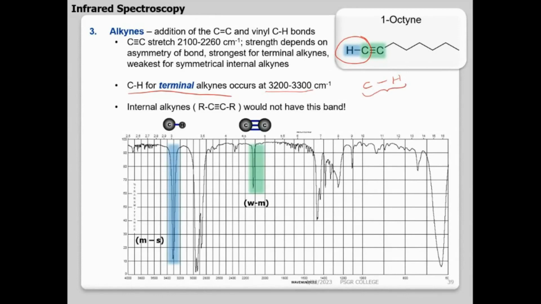So alkyne will give you a peak around 3300. This is a characteristic peak of alkyne, a terminal alkyne. Those who have not answered so far, could you tell me why I am stressing terminal alkyne? What is this terminal alkyne?